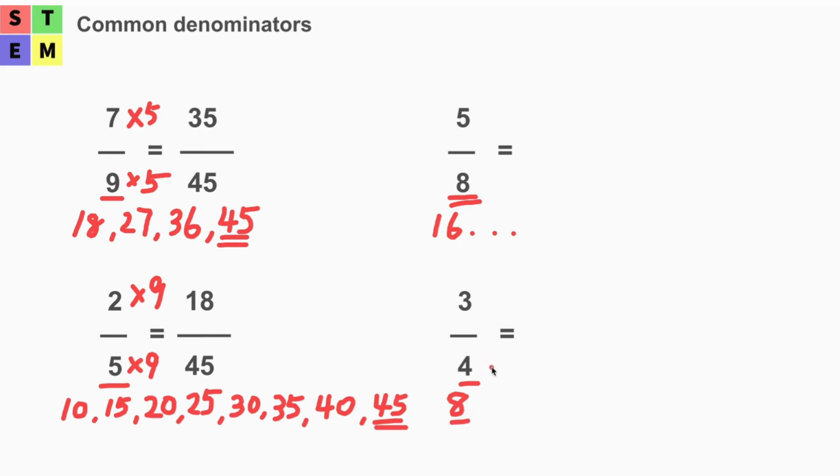All right, so I got times 2, and I got times 2 here, and 6, right? So nothing changed for this fraction, and times 2 here, times 2 here, so that will be 6 over 8, right? So 5 over 8 and 6 over 8.